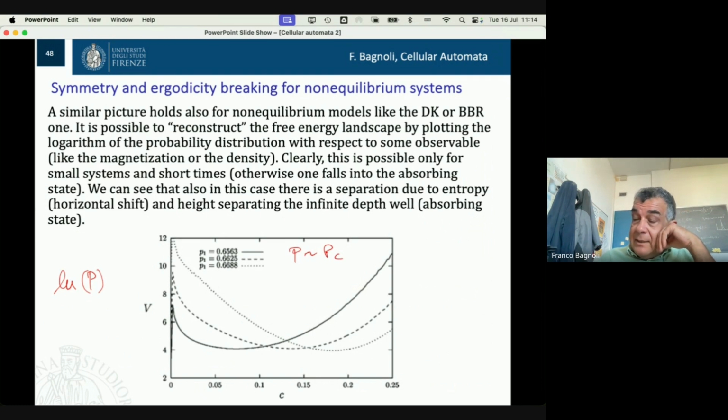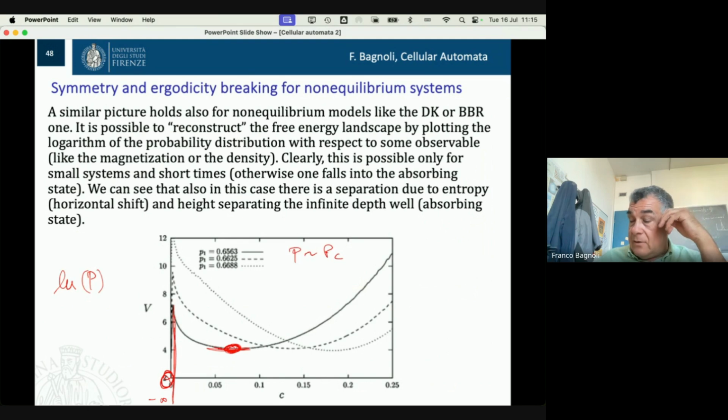So if we are sufficiently below Pc, the system falls into the absorbing state and we don't see anything. But you can see that this is the absorbing state, so it has a well to minus infinity here. It has so a certain probability of observing a finite density.